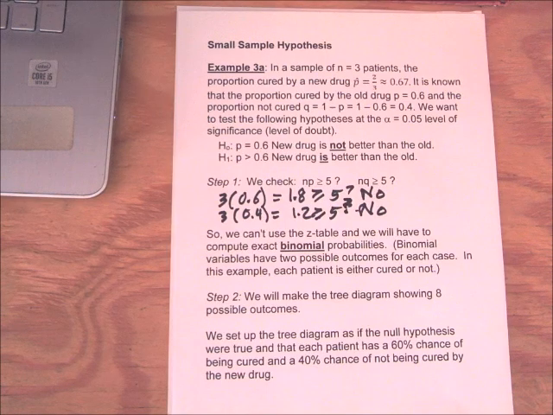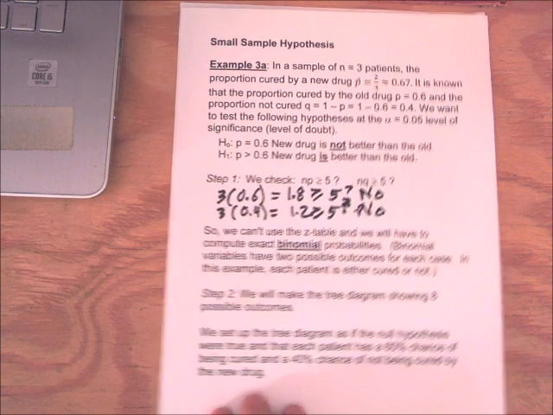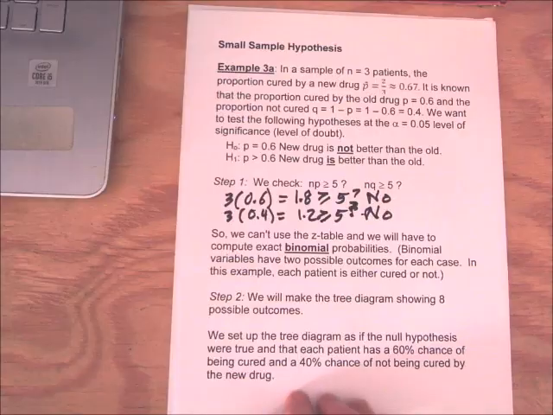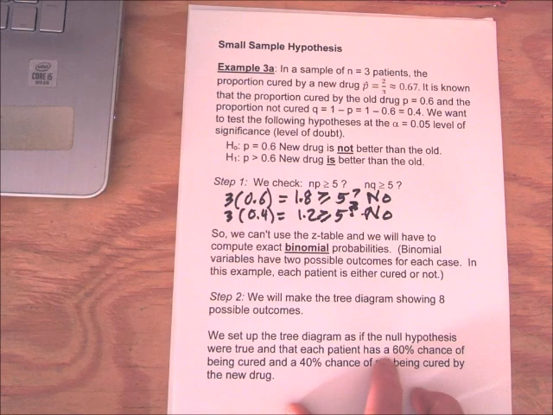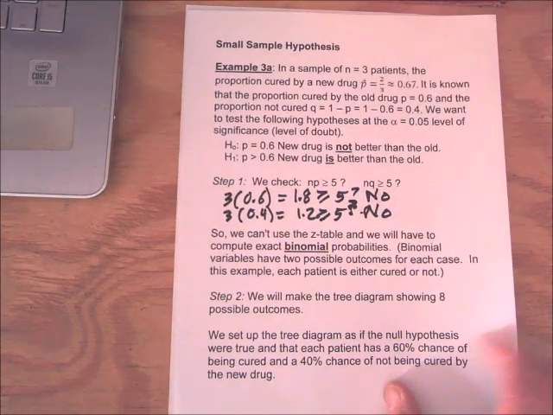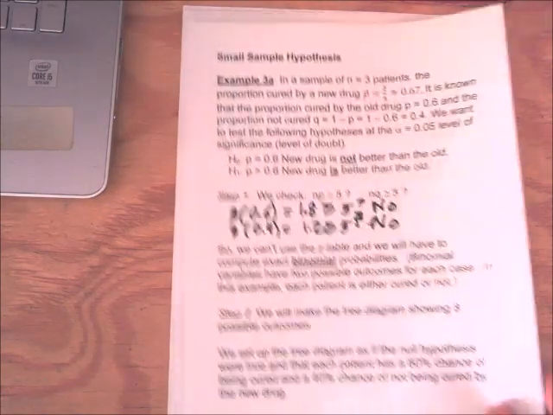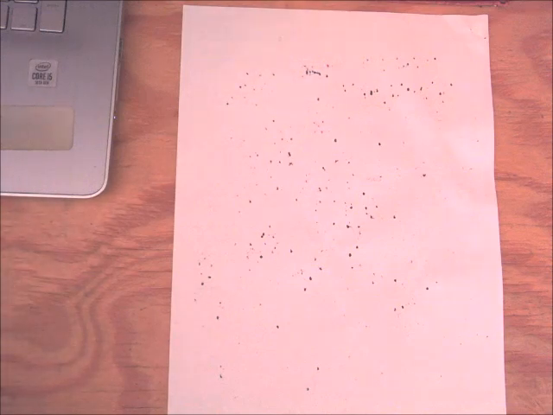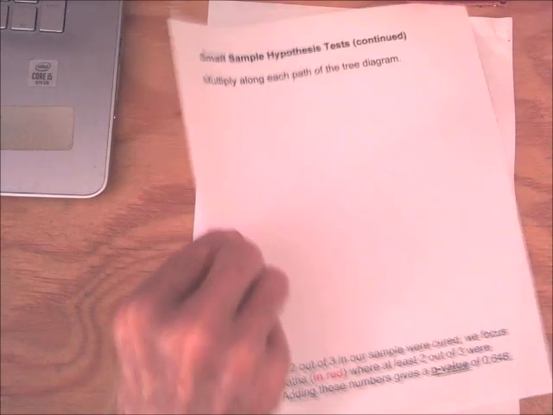There are several ways of computing binomial probabilities, but we're going to use a tree diagram, and we'll set it up as if H0 was true, so as if each patient has a 60% chance of being cured and a 40% chance of not being cured.